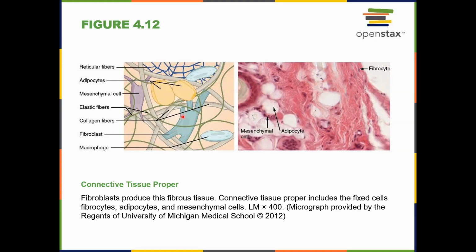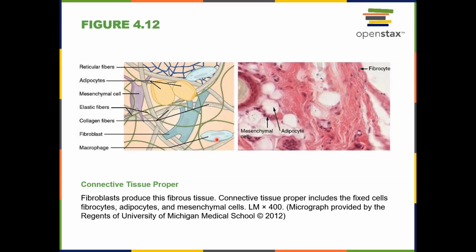Fibroblasts are the type of cells that produce the extracellular fibers of connective tissue. After a fibroblast finishes producing fibers, a mature fibroblast is called a fibrocyte. Adipocytes are another type of connective tissue cell that functions to store fat. Macrophages are a type of leukocyte or white blood cell.